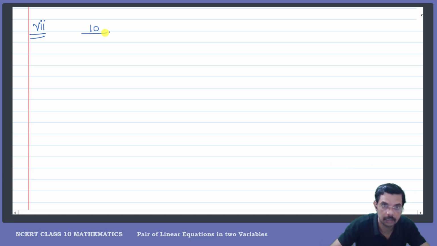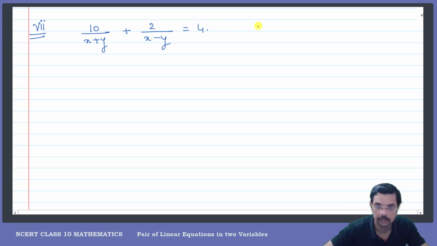This is 10 by x plus y plus 2 by x minus y equal to 4. Now, which is the second equation? Second equation I'll write on the right hand side. This is 15 by x plus y minus 5 by x minus y, that is equal to minus 2.